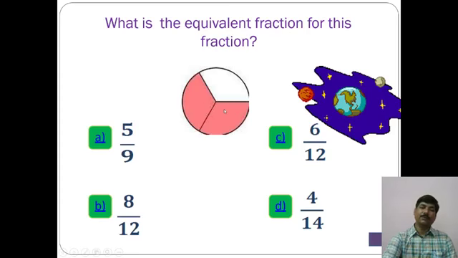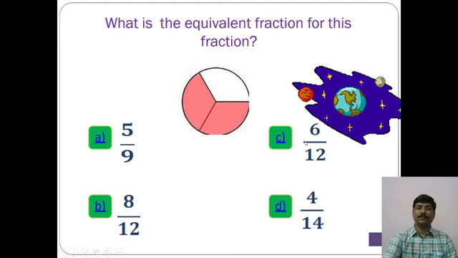Then you have to select an option equivalent to the given one out of these four. So what will be this fraction? There are three parts, so the shaded part will be 2 upon 3.